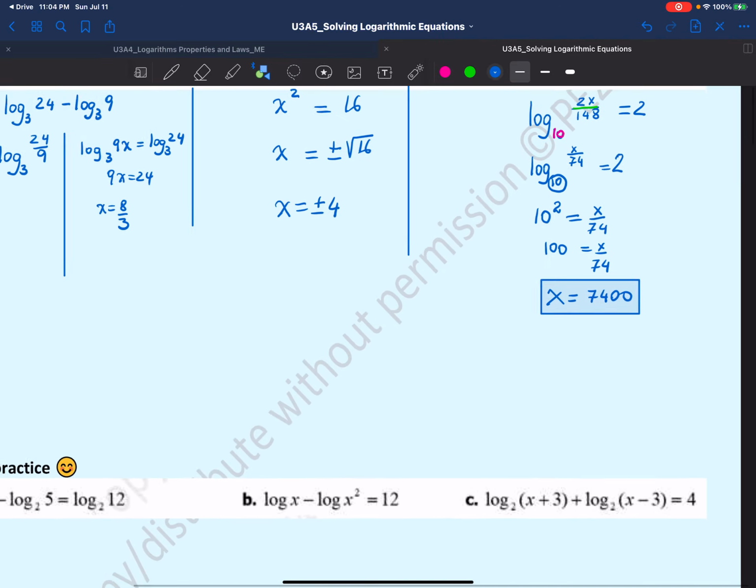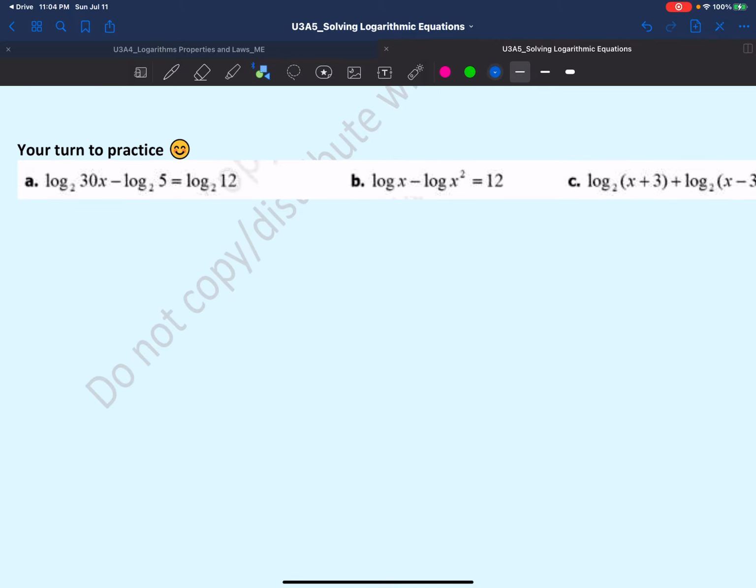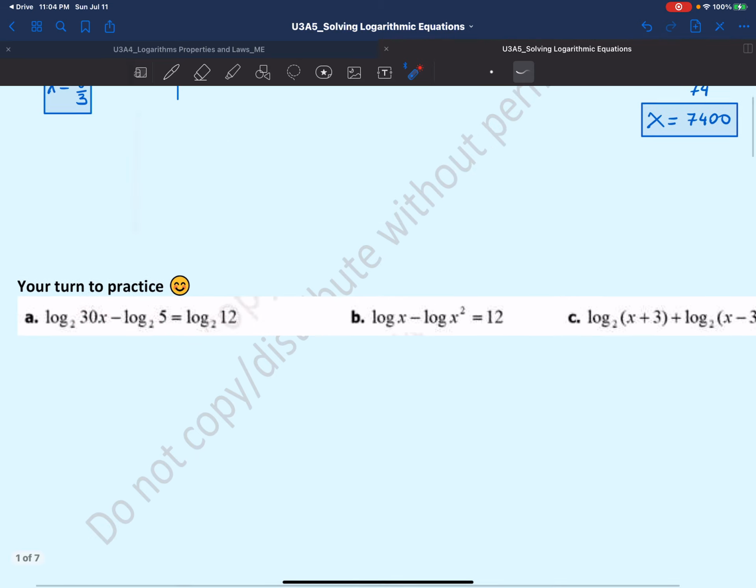Now, I've prepared a couple of examples for you to try and practice, so you may pause the video and try on your own. I will quickly solve them in the meantime. So again, I have log of 30x, 5, and 12. All the terms are log terms, very similar to the first example.